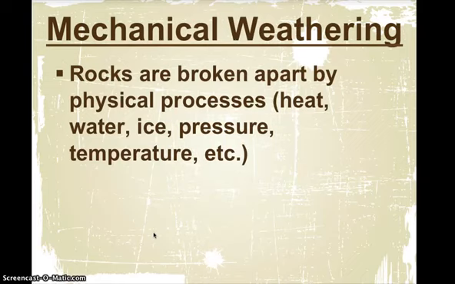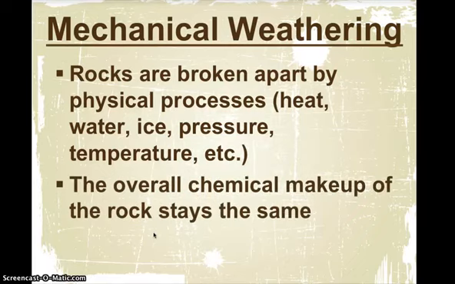In mechanical weathering, the rocks are broken apart by physical processes. They heat up, water beats against it, ice gets in it, there are pressures put on them, temperature changes. All of those things are things that happen to the rock physically. But the rock stays the same.